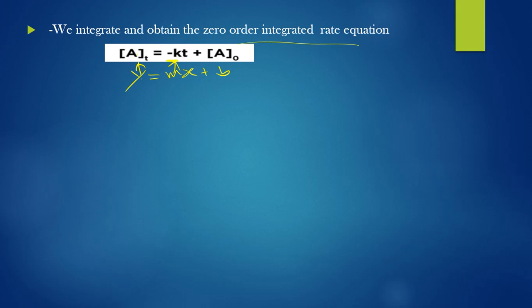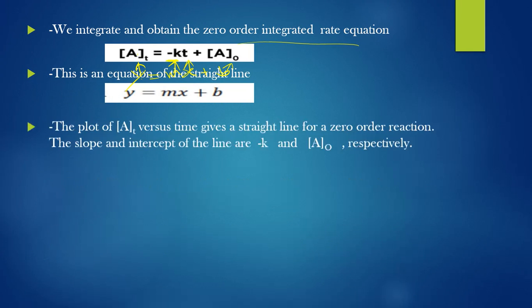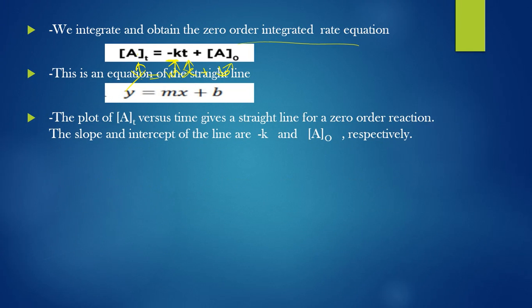This time you have a negative, and this x corresponds to time t, and this is the initial concentration. So the plot of the concentration of A versus time gives a straight line for a zero order reaction. The slope and the intercept of the line are negative k and the initial concentration respectively.